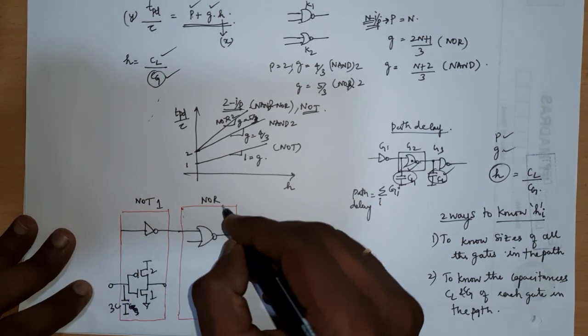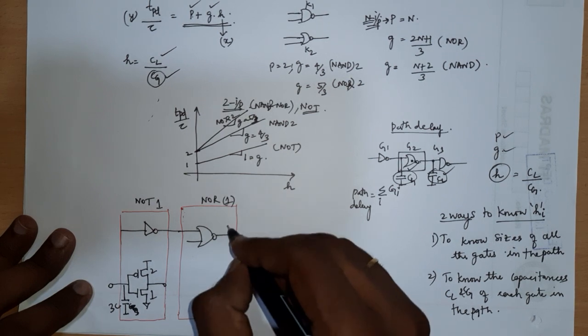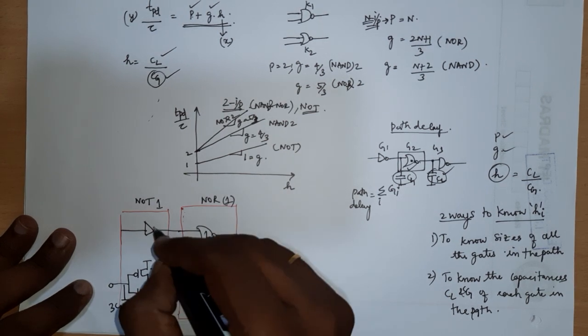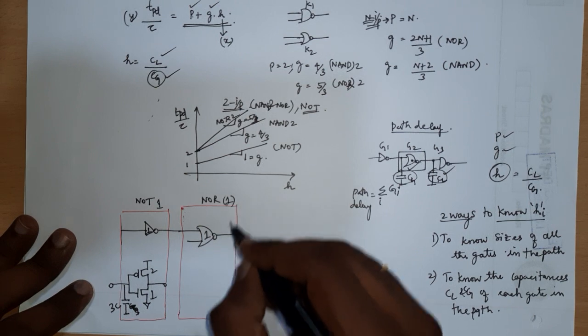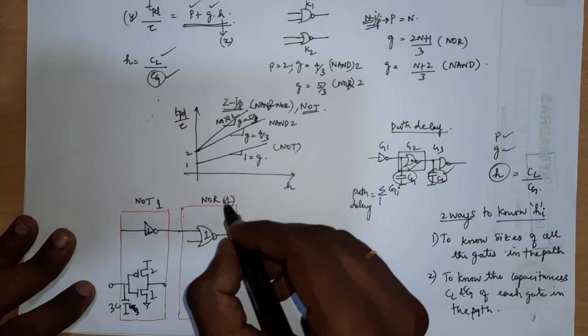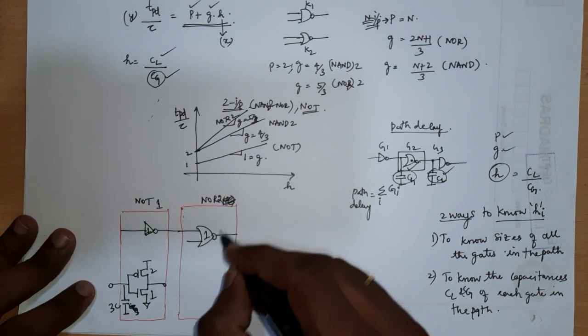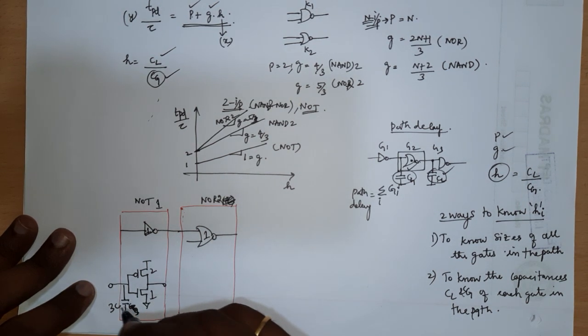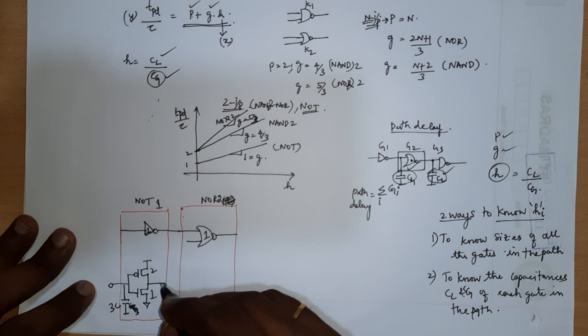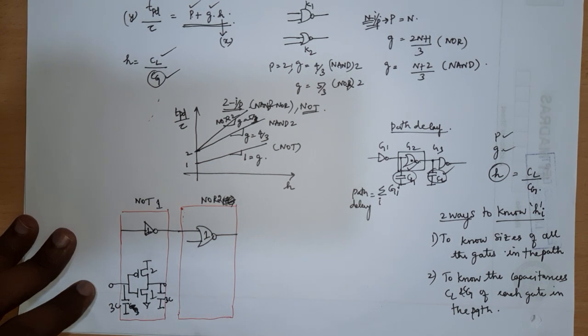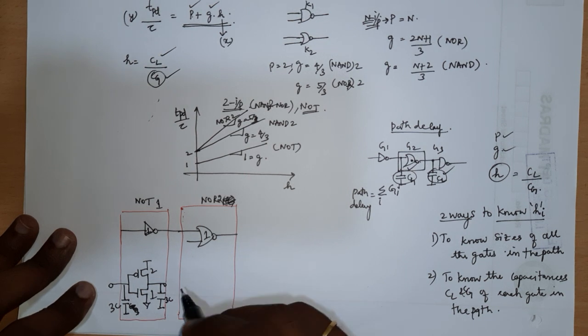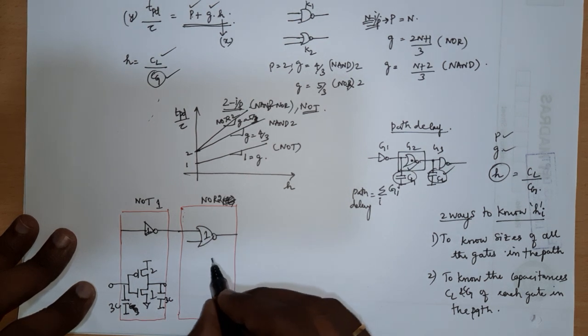If it is of size 1, here also let me call it size 1. This is NOR 2, size 1, a 2 input NOR. Now it has its own parasitic capacitance 3C. Okay, this also we know. Then about this gate, let me draw it here.